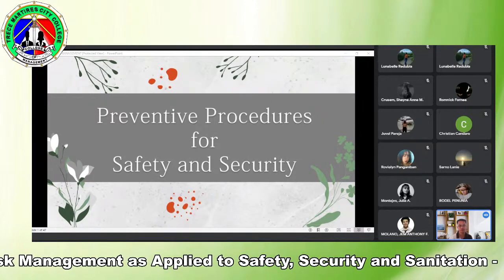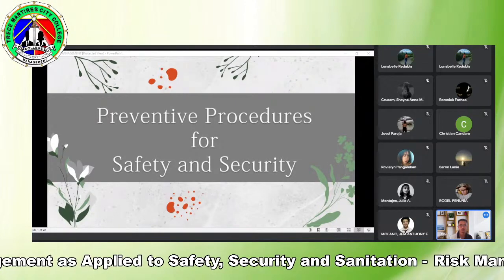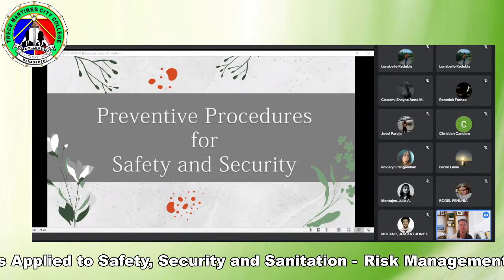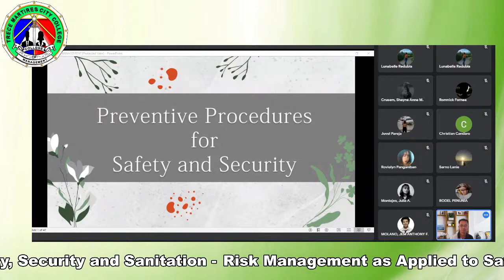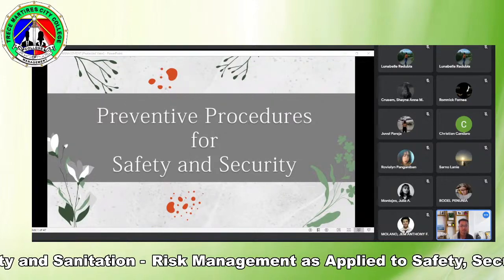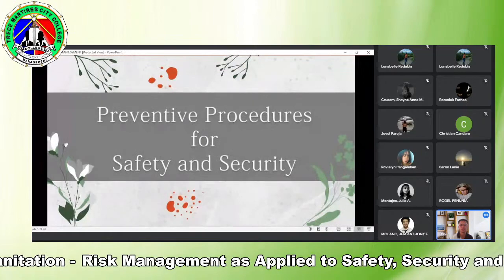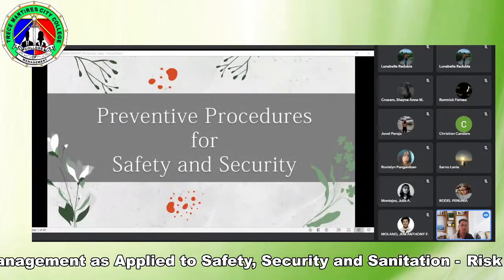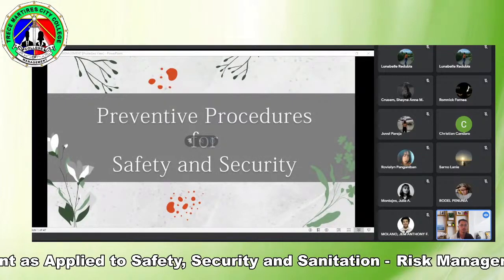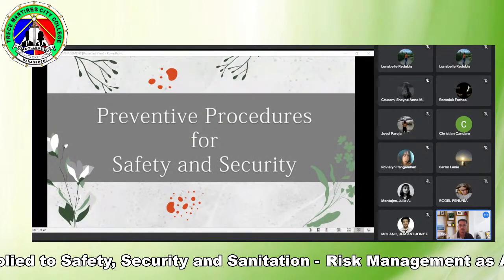Okay, so our lesson for today is lesson 2.2, preventative. Hindi preventive ha. It's preventative procedures for safety and security. Okay, so maybe nagkaroon lang ng typographical error si Ms. Redubla for this.